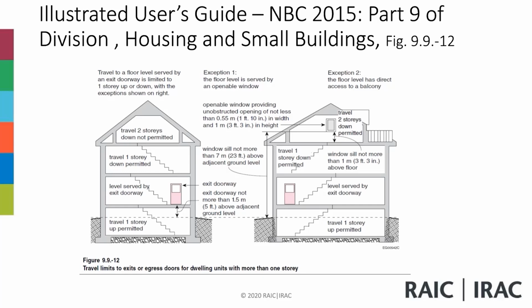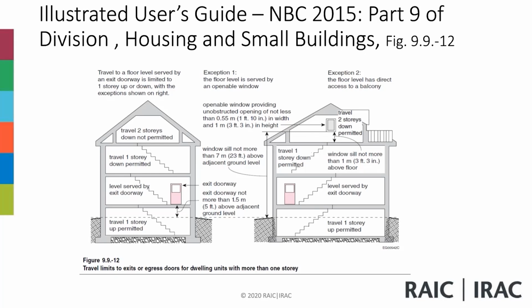Maybe you're looking at 9.9.9.12, where a dwelling unit is not located above or below another suite. The travel limit from a floor level in the dwelling unit to an exit or egress door may exceed one story, where the floor level is served by an openable window providing an unobstructed opening of not less than one meter in height and 0.5 meter width. Oh, that's the one. Sorry about that.